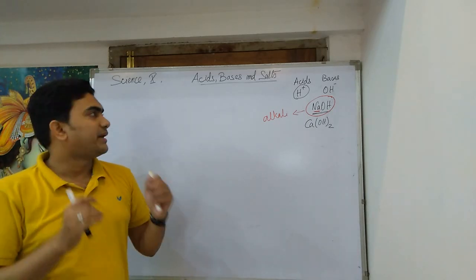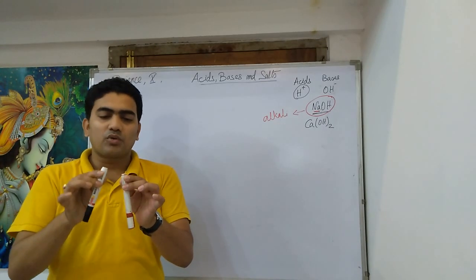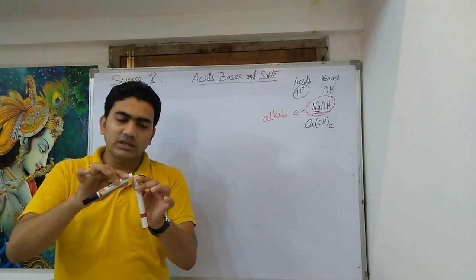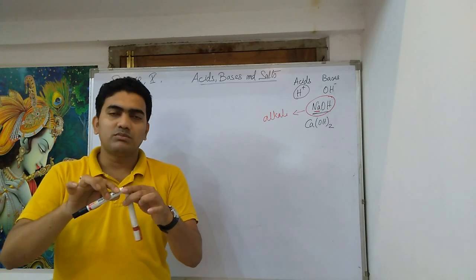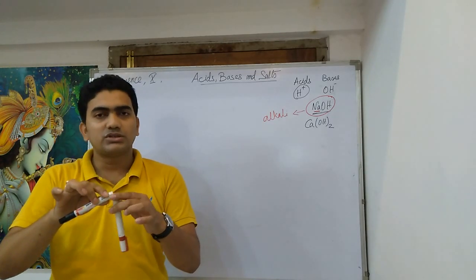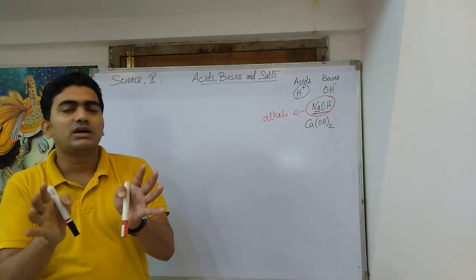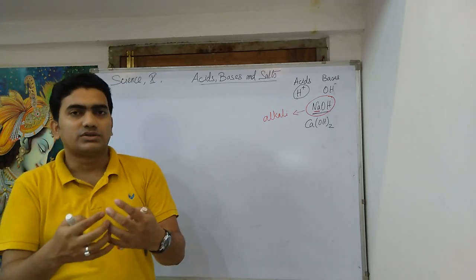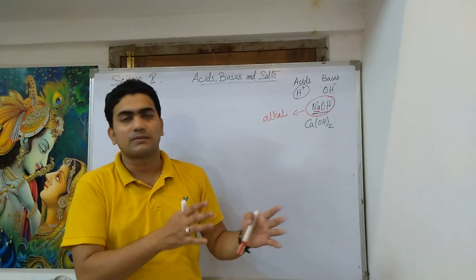So the best way to dilute an acid is to slowly pour water into the acid with constant stirring. We should constantly move the entire solution so that the heat produced is distributed uniformly throughout the mass of the solution, so that there is minimum chance of causing an accident.